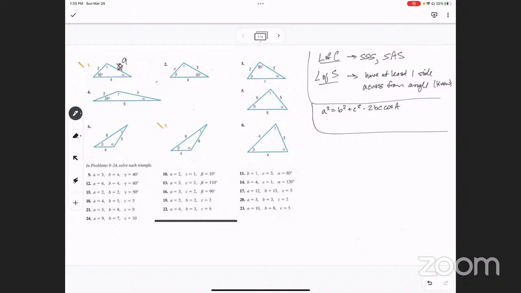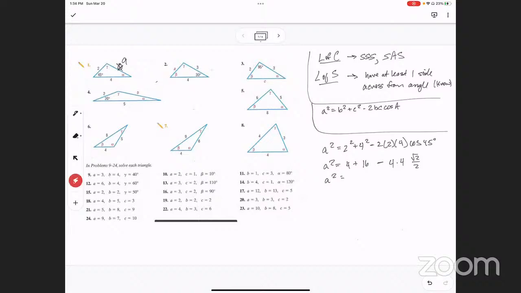So for number one, A squared equals 2 squared plus 4 squared minus 2 times 2 times 4 times the cosine of 45. We know the cosine of 45 is root 2 over 2, right? So this is root 2 over 2 times 4, minus that, and that's 16 and that's 4.